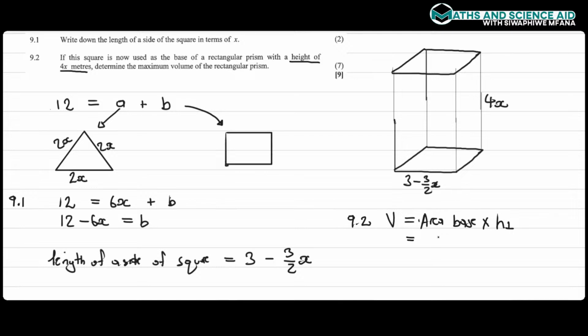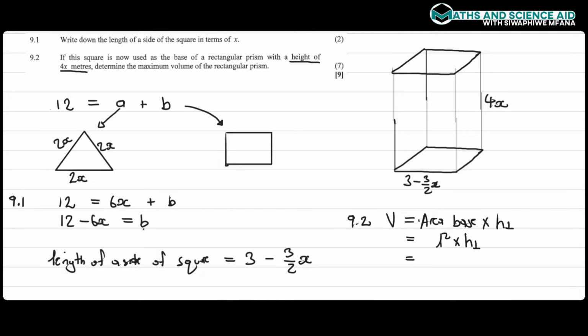So our base here will have an area of length multiplied by length. It's just L squared, right? Because the base is a square, so it's gonna be L squared multiplied by H perpendicular.